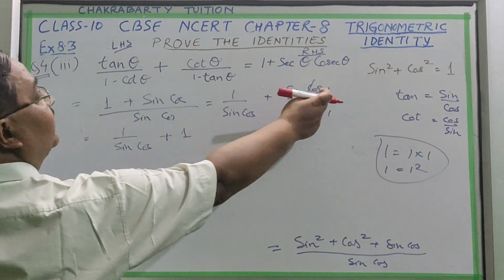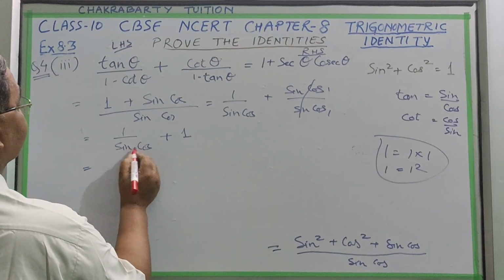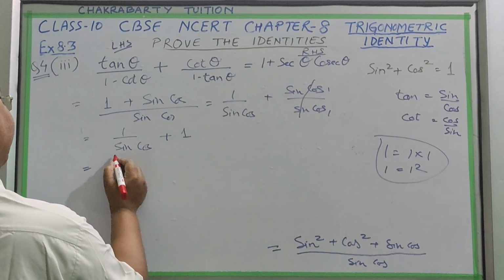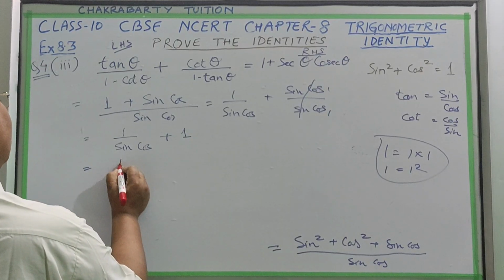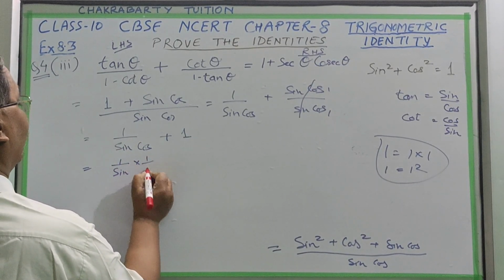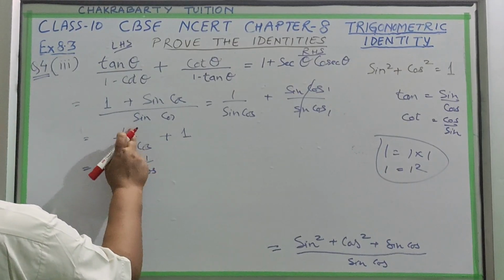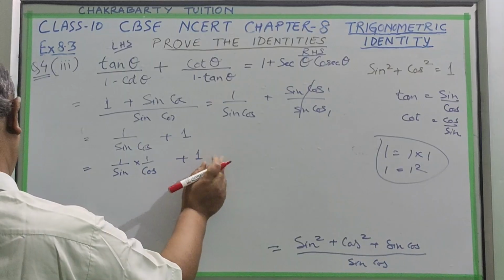And 1 upon 1 means 1 will remain here. So this sine cos we can make as 1 upon sine into 1 upon cos. So it will become 1 upon sine cos, plus 1 will remain here and 1 will remain here.